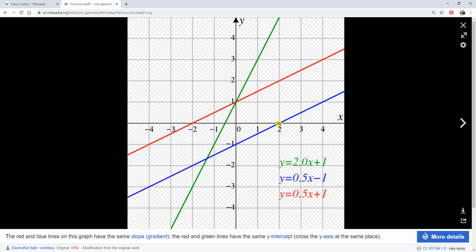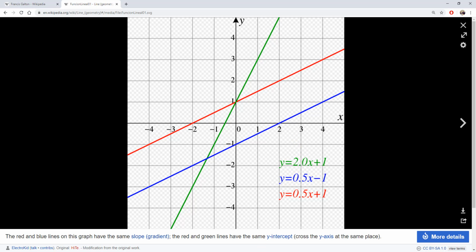The run, let's say for this interval, is from 2 to 4, which is 2. The rise is 1, because y has increased from 0 to 1 over this run. If you divide 1 by 2, you get 0.5, and that's exactly what this coefficient is.